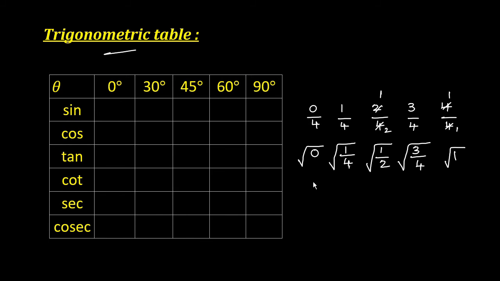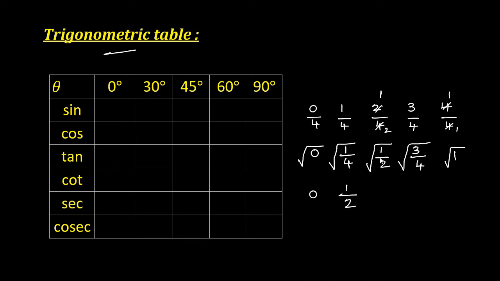Now find these values. Under root 0 is 0. Now under root 1 by 4: the square root applies to both numerator and denominator. Root of 1 is 1, divided by root of 4, which is 2, because 4 is a perfect square.